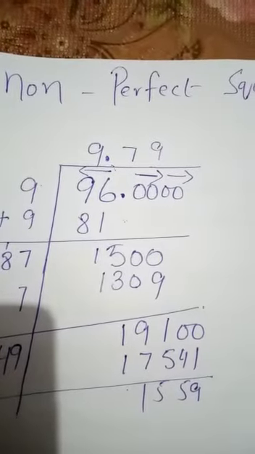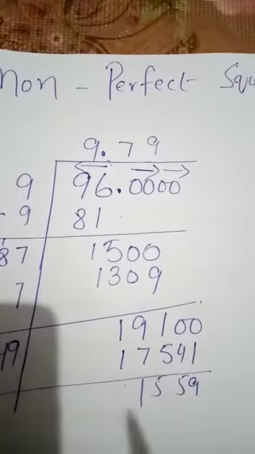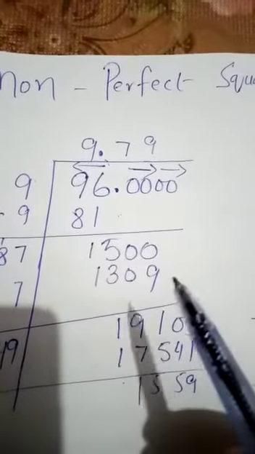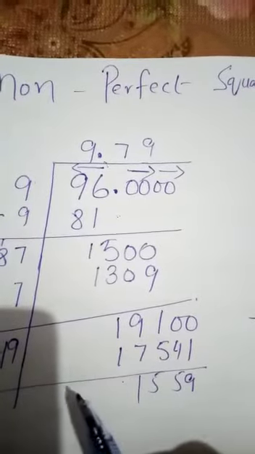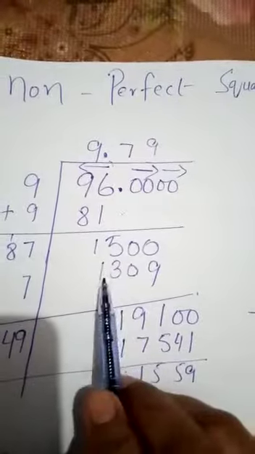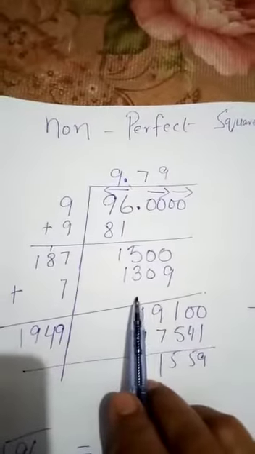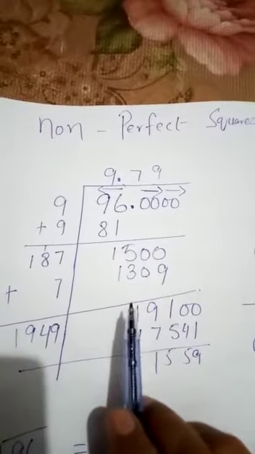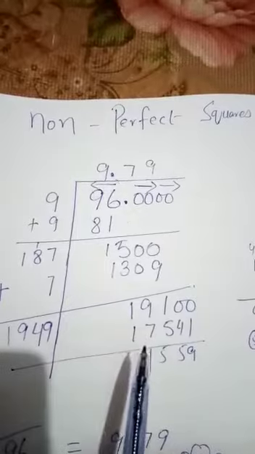Double the 9 in the divisor position and put 7 in the dividend after 18, and in the quotient after the decimal point. Now, 7 multiplied by 187 gave us 1309. After subtracting 1309 from 1500, the remainder is 191.